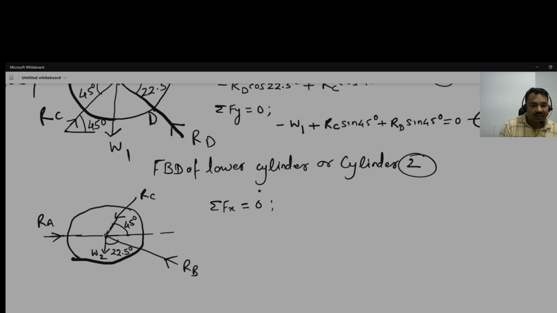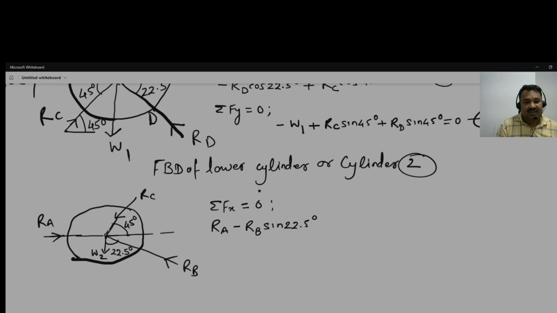Then RA in the positive x direction, minus RB, because RB is acting in the negative x direction, with the angle with the vertical axis, that is with W2, of 22.5 degrees, so it will be sin 22.5 degrees. And what about the direction of RC?